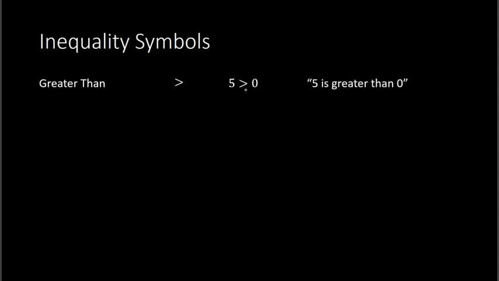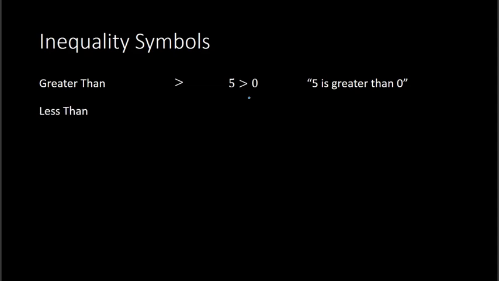This would be the notation, and this in English is how you would say it. Notice that this mouth is facing the bigger number. If you imagine this being a mouth, it's facing the 5, which is the bigger number. That's always going to be the case to make a true statement.